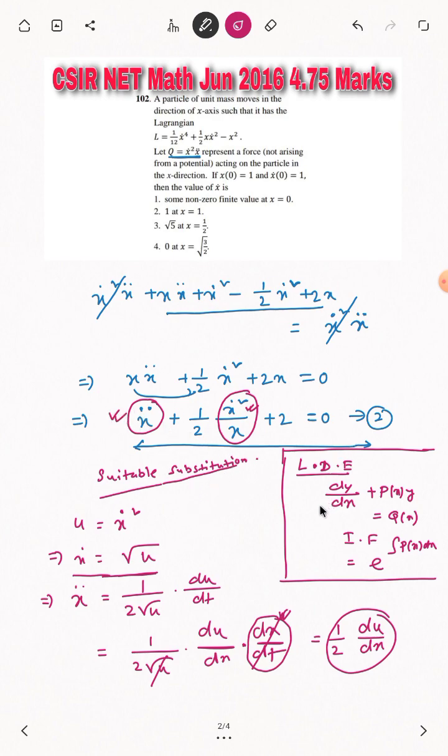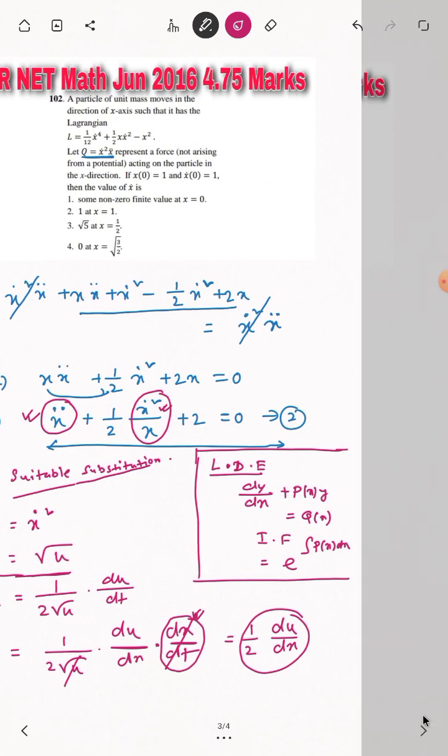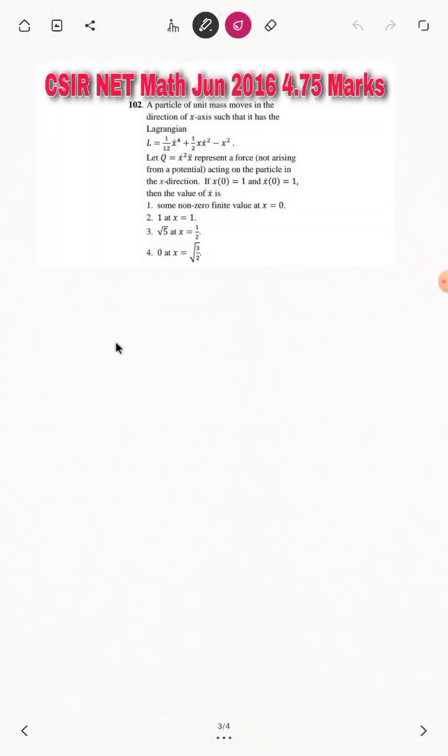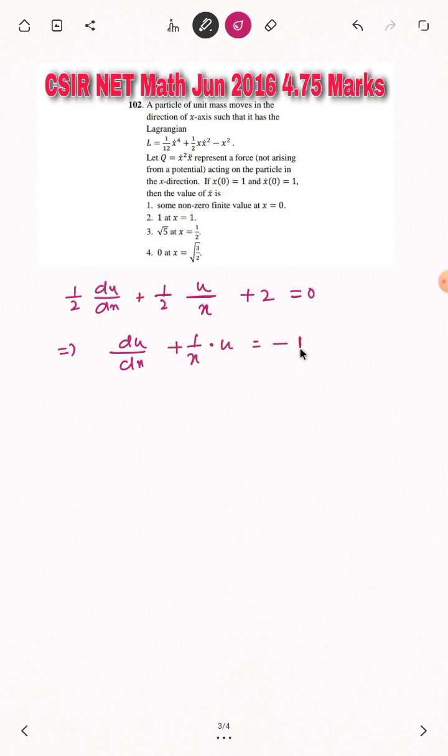Let us put all these here. What will be then the equation? Half into du by dx plus half into u by x plus 2 equal to 0 implies du by dx plus 1 by x into u equal to minus 4. Is it not an LDE, or rather a first degree LDE?